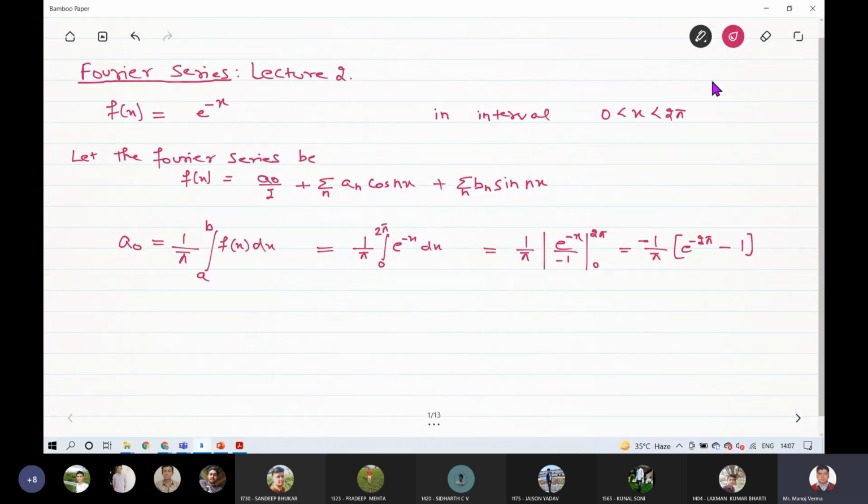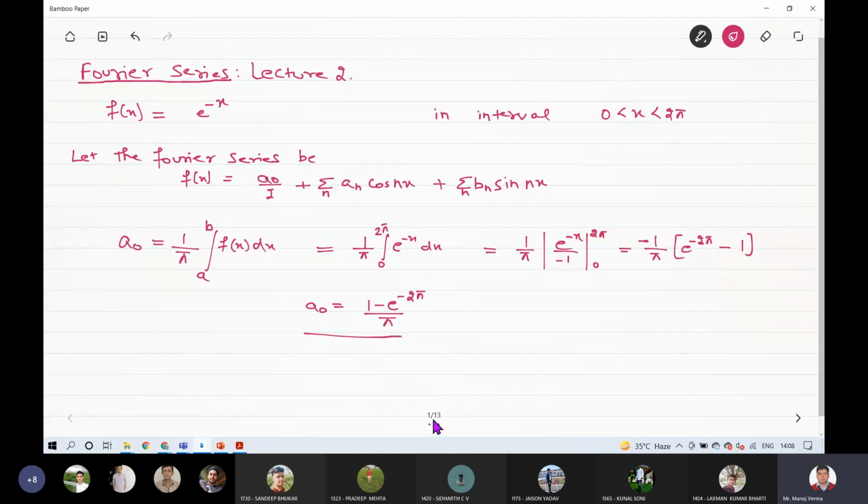So my a naught becomes 1 minus e raised to the power minus 2 pi, I am adjusting that negative here, divided by pi. Okay, so this will be your value of the first Fourier coefficient, that is a naught.